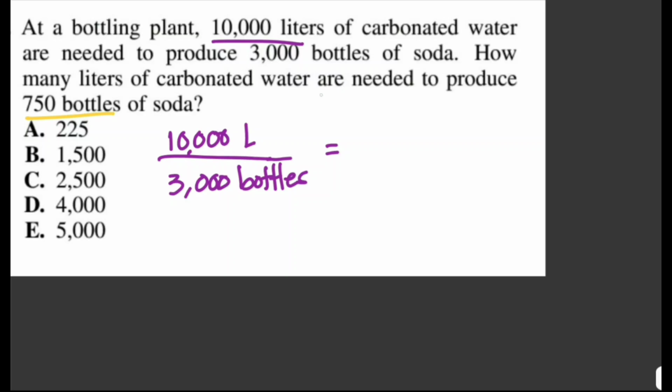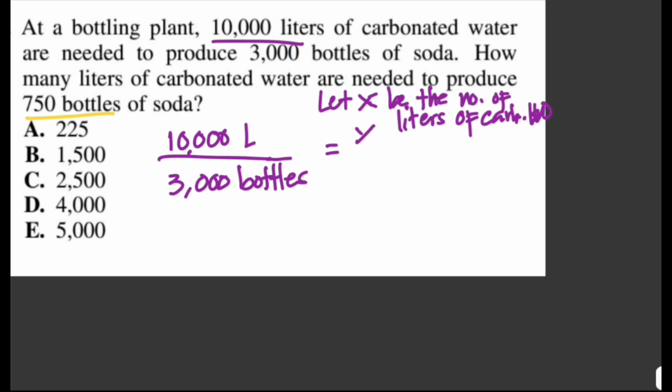Now we can let X be the number of liters of carbonated water needed for 750 bottles of soda.